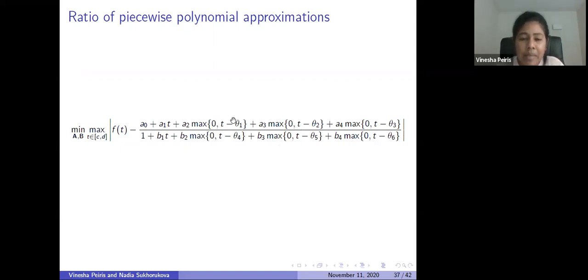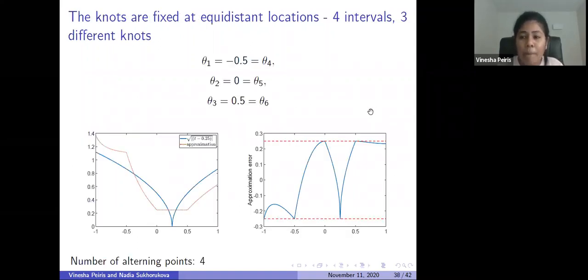So it doesn't matter if θ1 is equal to θ4, that's fine. But if θ1 is equal to θ2, then we can add these A2 and A3 terms together. Therefore, it is really very necessary to have different knot values for θ1, θ2, and θ3. So for the first case, we have 4 intervals and 3 different knots. θ1, 2, and 3 are located at -0.5, 0, and 0.5.